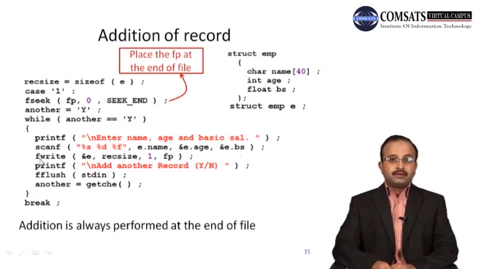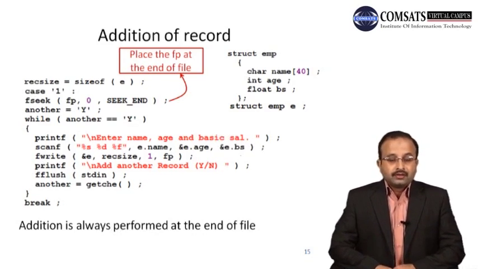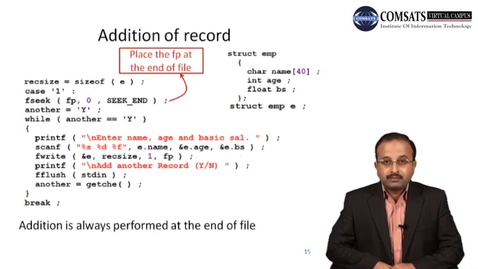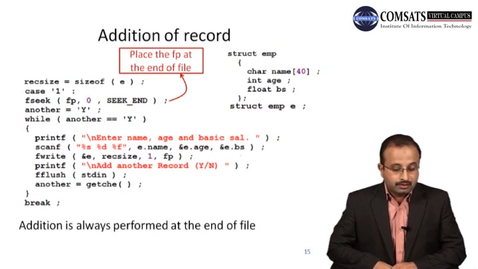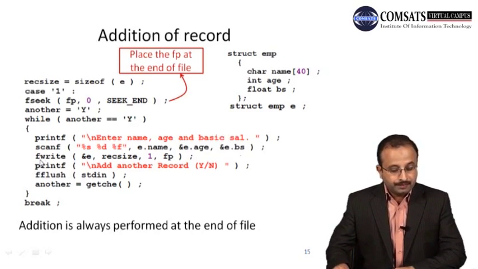You can use any other function, for example fprintf, to write those records, but here we are using a binary file, so we are using fread and fwrite functions to write and read the content of the file. So it uses the fwrite function. How do we describe the fwrite function?